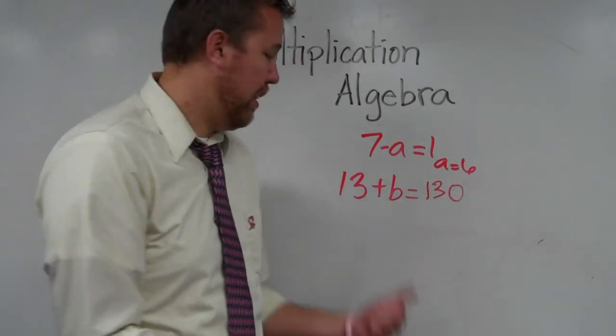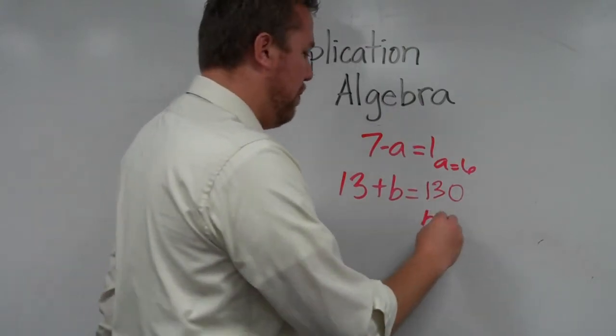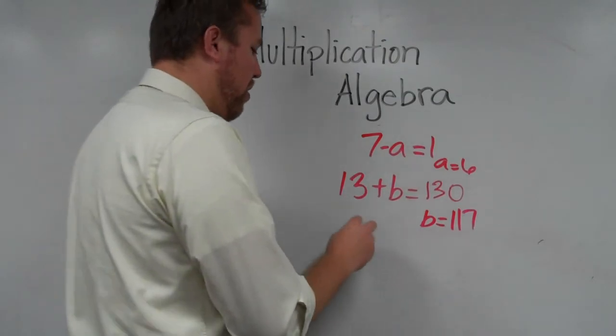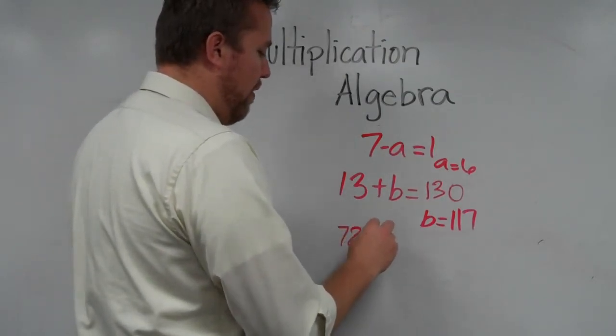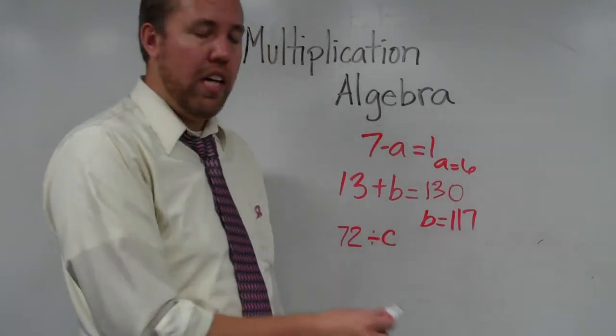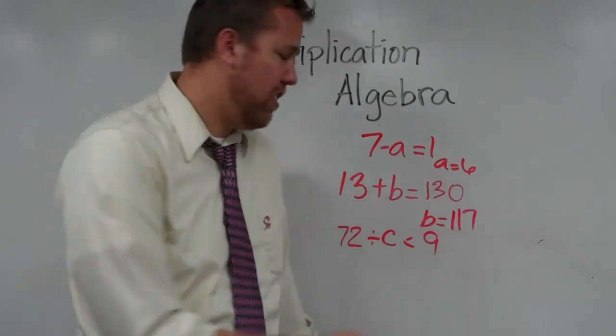And I just need to fill in the missing blank. 13 plus what? 13 plus B, which equals 117. Okay? Or 72 divided by C equals 9. Okay? And so what does C equal?